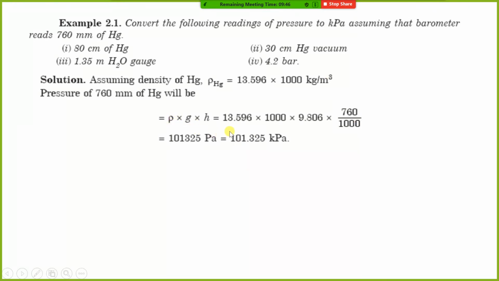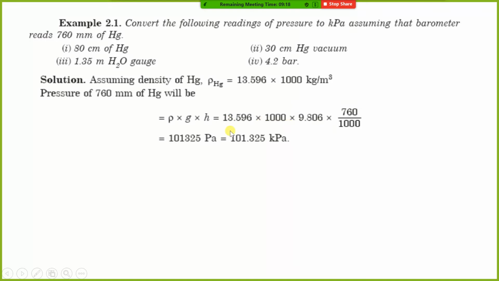Now rho is 13.596 into 1000. g is 9.806 and h is 760 mm of Hg. Here it is given in mm, therefore I have divided by 1000. It will be in meters now.